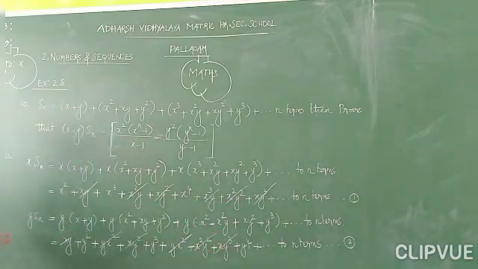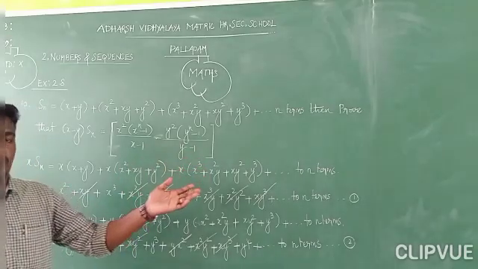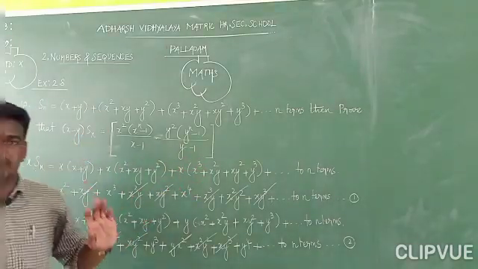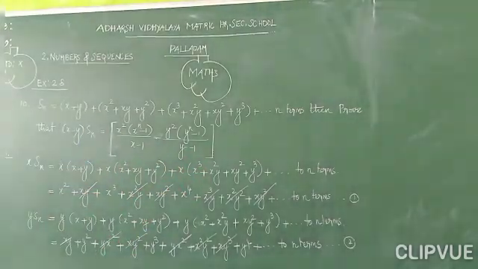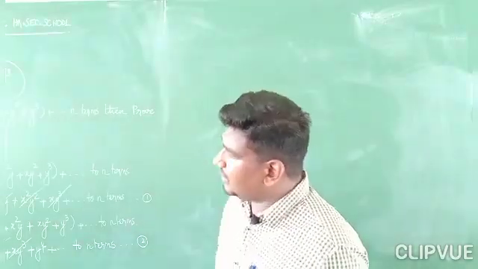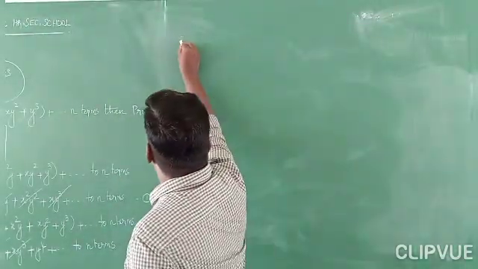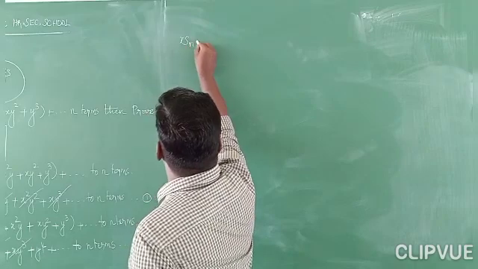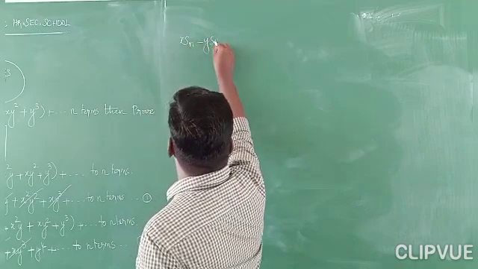Left hand side, what do we get? x of Sn minus y of Sn. Sn is the common factor. If you take that out, we will get x minus y into Sn. So as I told you clearly, left hand side we have x Sn minus y Sn.